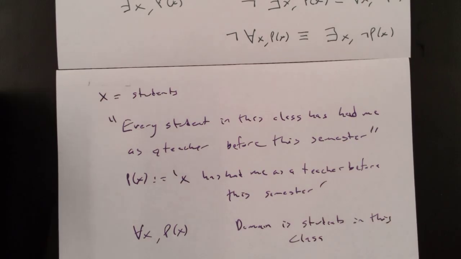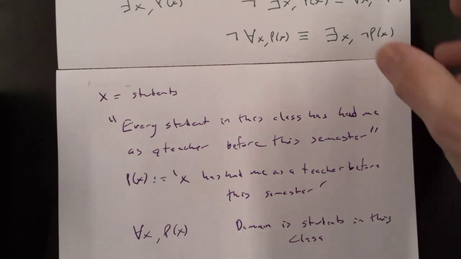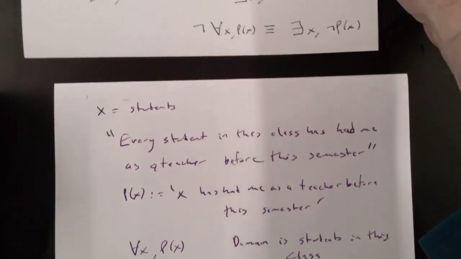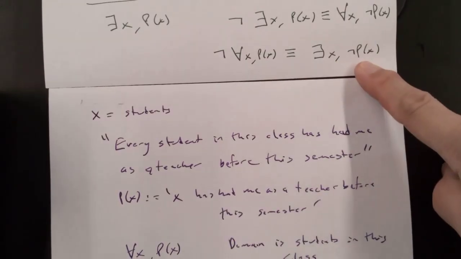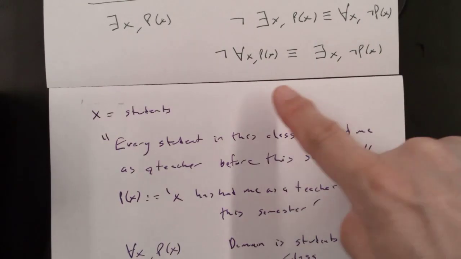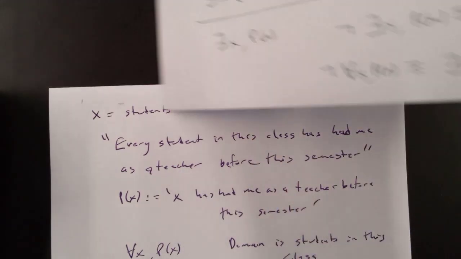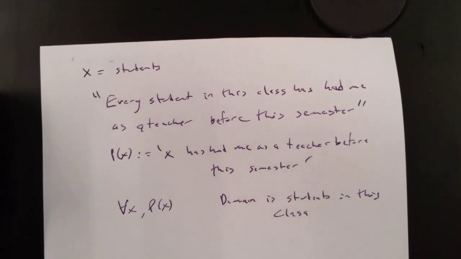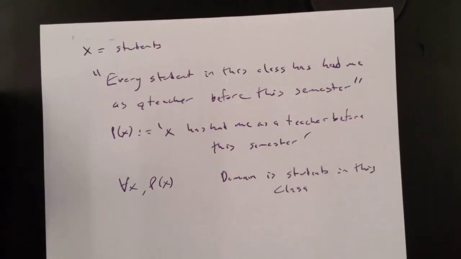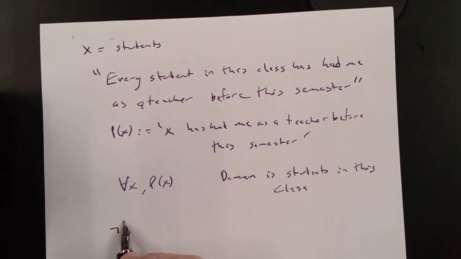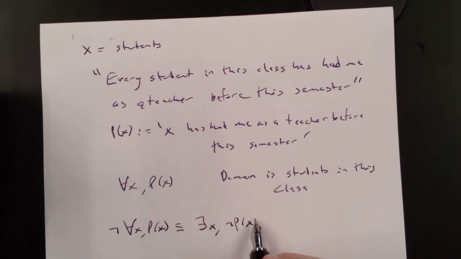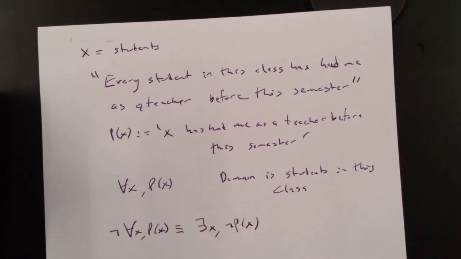The negation of a universally quantified statement. The negation of my universally quantified statement is an existential statement. I take the not from the outside to the inside. I flip the universal and to an existential or.